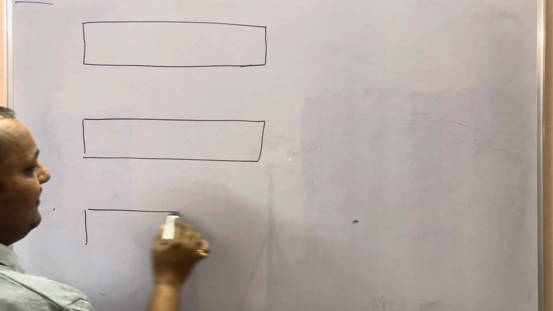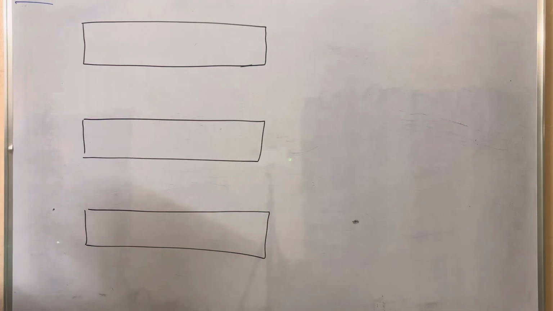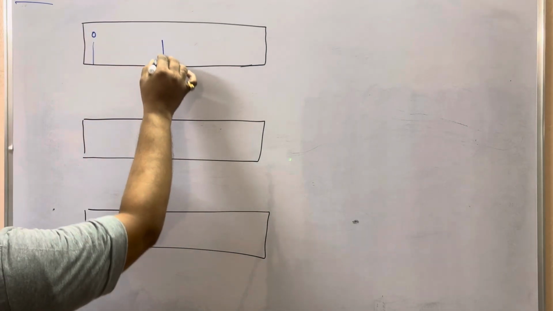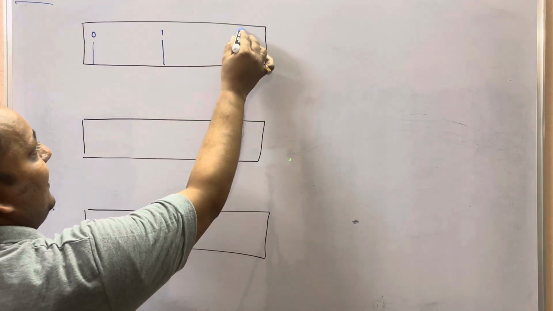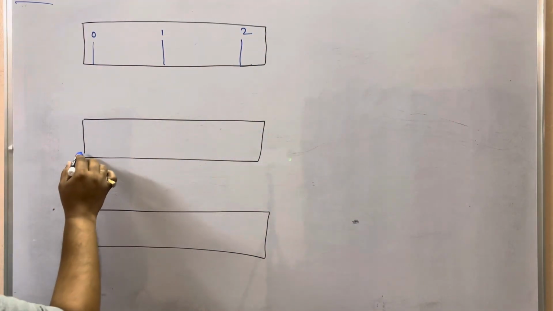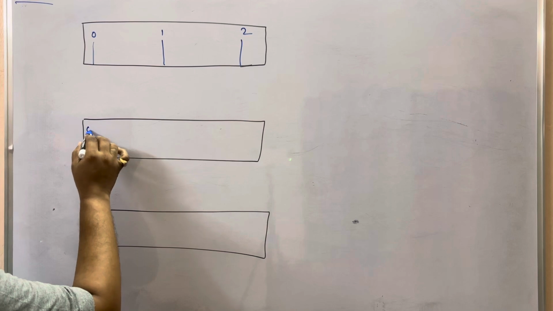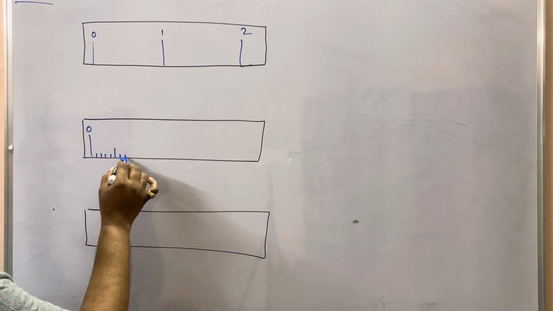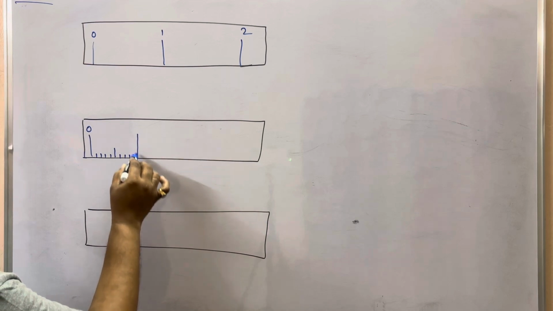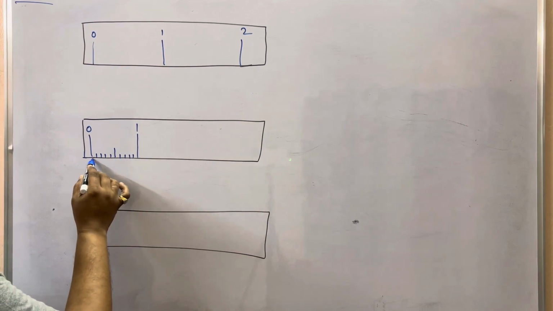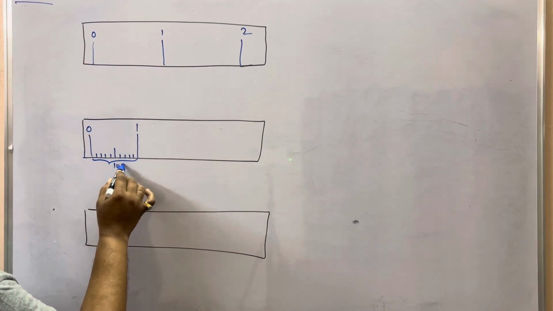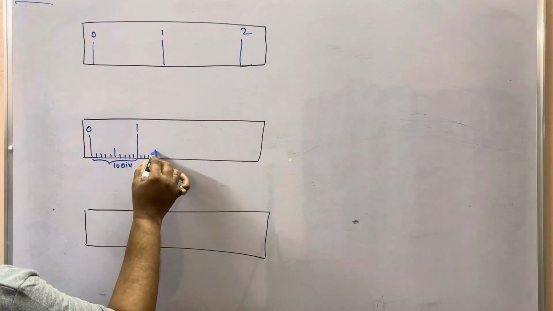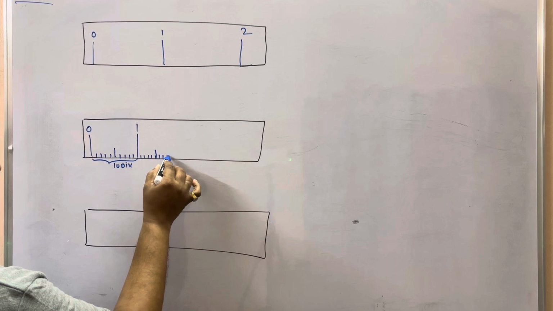So I have given you three different scales initially. One is between 0 and 1, only one division will be there. Then between 0 and 1, 1, 2, 3, 4, 5, 6, 7, 8, 9, 10. Between 0 and 1, how many divisions are there? 10 divisions are there.